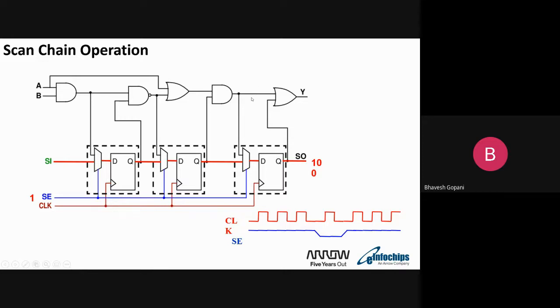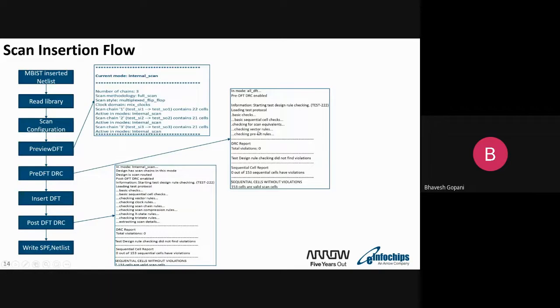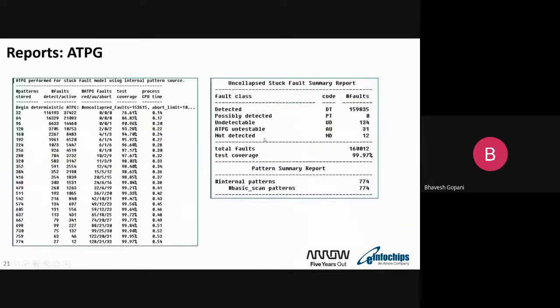If this is already tied to one, then my OR gate output is always one irrespective of this input. So whatever faults come in this output or the downstream logic will come as UD. I think this is enough of an example. So I cannot test those faults in any circumstances.